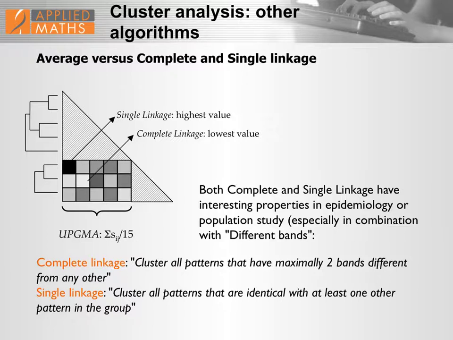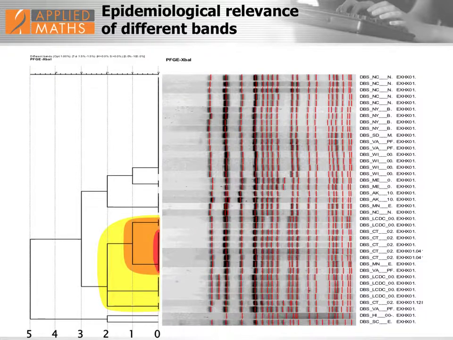Or if you use single linkage, where you look at the highest value, then you cluster all the patterns that are identical with at least one other pattern in that group. So there is some relevance on that different number of bands.